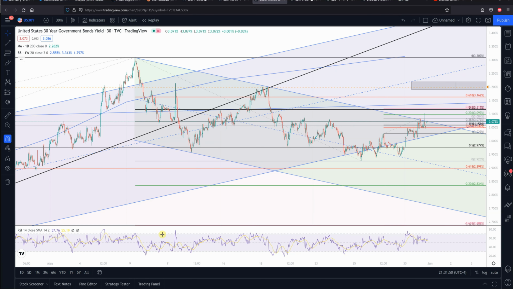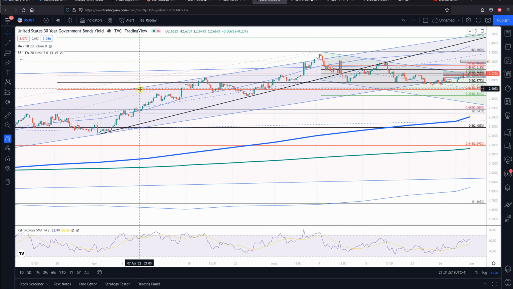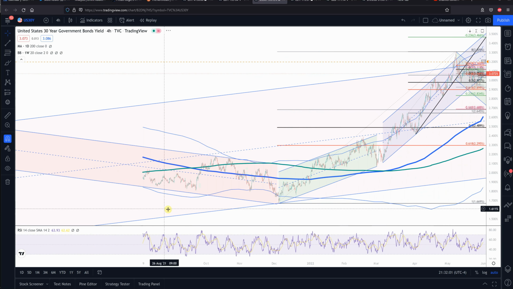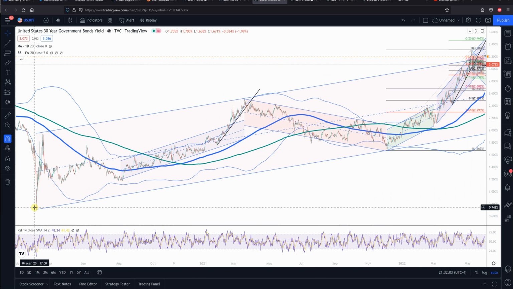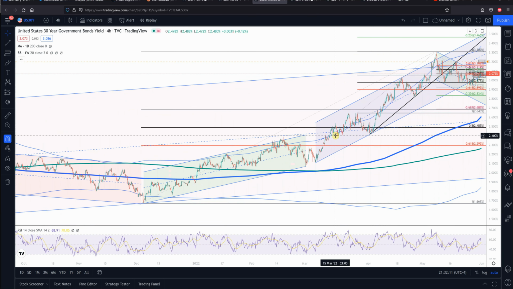And if we look at the yield chart, if we go to the 4-hour chart, we made this low. Here's everything coming off of the low back here, and this is the low from early December on yield. There was a 5-wave move up in this channel. It went 1, 2, 3, 4, 5, and then we had this corrective move.